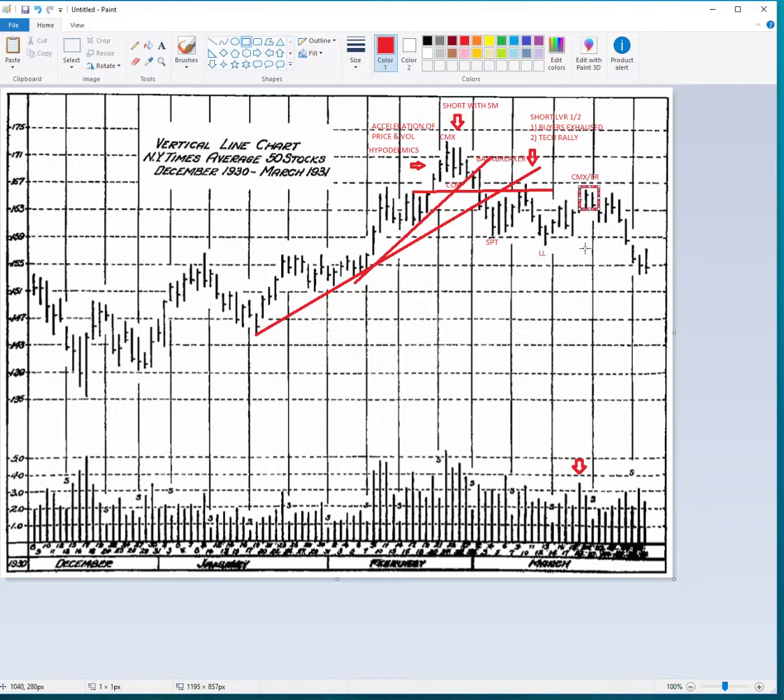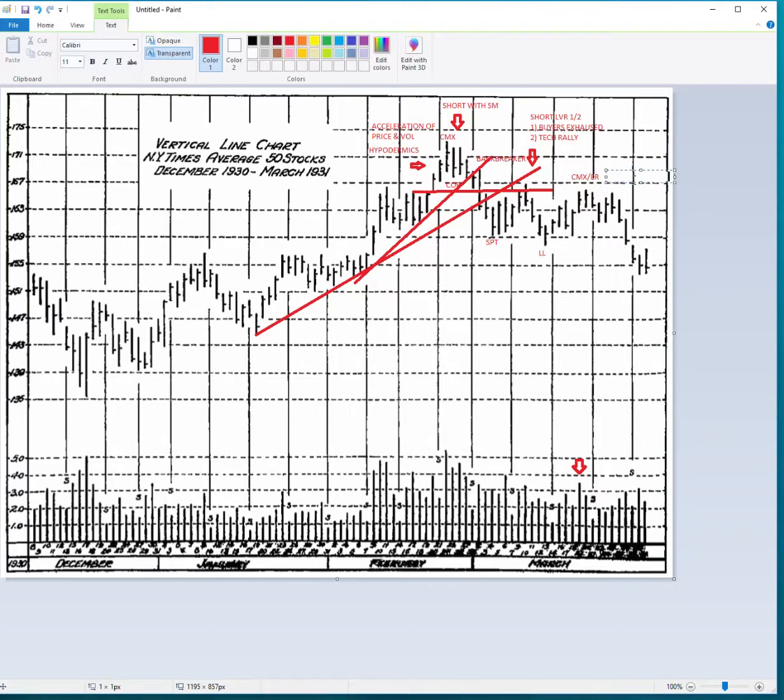Okay, so those two bars. Now what is the confirmation?